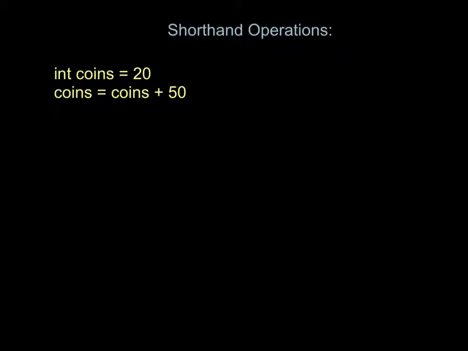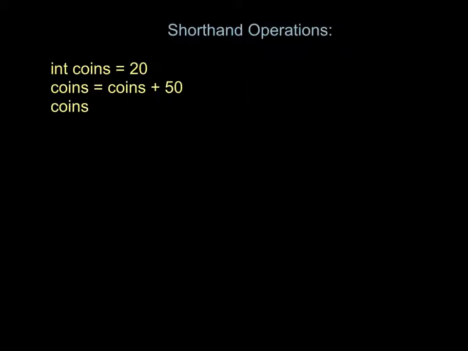But a quicker way to write that, and especially if we're doing a lot like in a game where you're either deleting a lot of coins quickly or adding a lot of coins or bullets quickly, this is the better way to do it. Coins += 50. This will do the same math, get us to equal 70, but much quicker. This is known as the shorthand operation version.